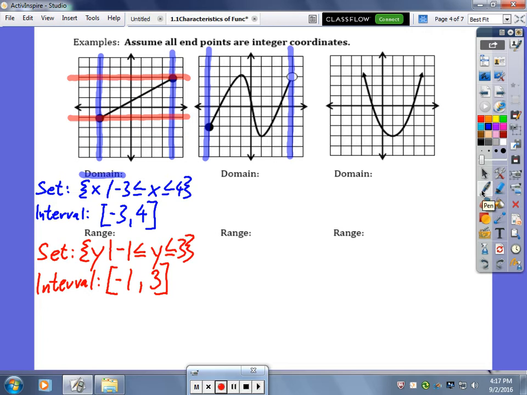In set notation, we write therefore open braces x such that negative 4 is less than or equal to x, which is less than, no equal to, this is an open circle, less than positive 4. Close our braces. And therefore in interval notation we will write open bracket negative 4, comma, positive 4, parenthesis. The 4 is not part of our domain.